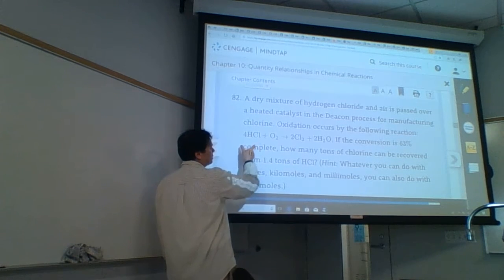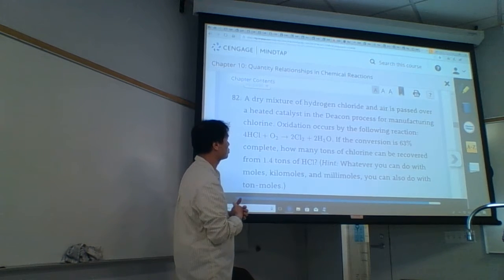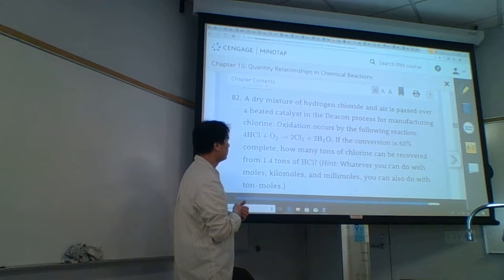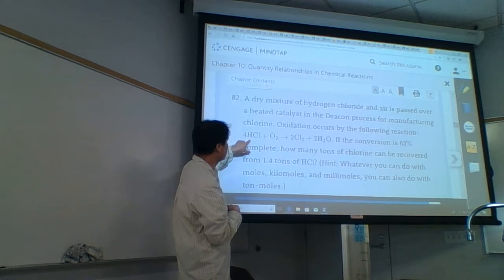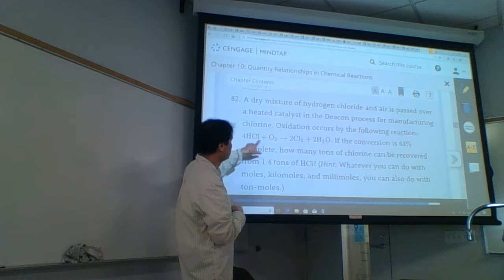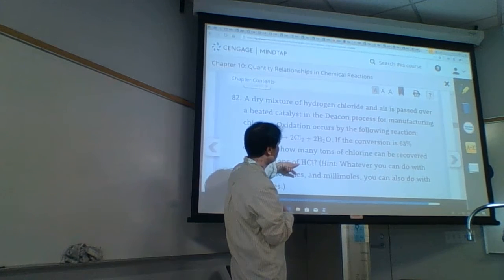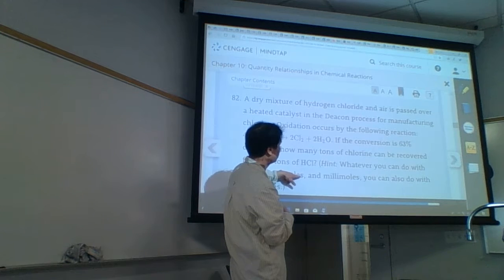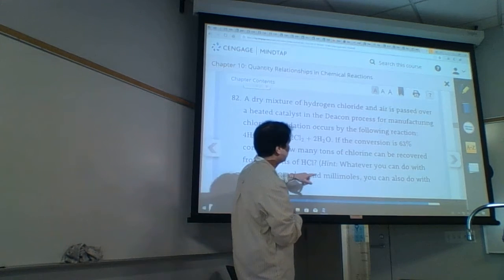Now this is pure HCl; an HCl solution would be a mixture, and we'd have to use the composition of the mixture, but this is pure HCl. So we go to moles of HCl to moles of chlorine to grams of chlorine to pounds of chlorine to tons of chlorine.